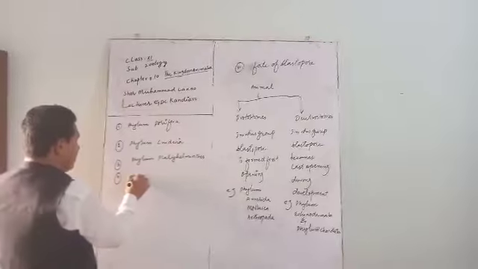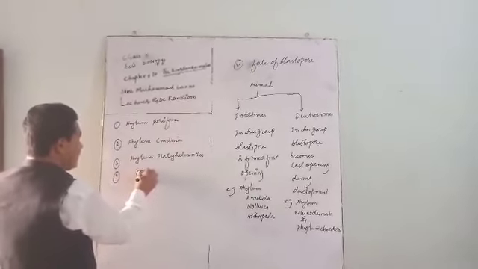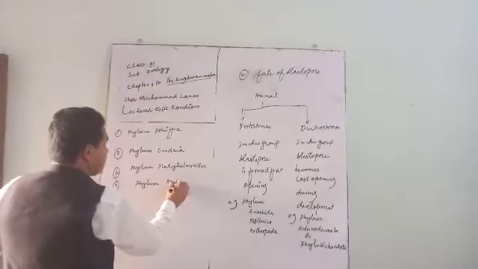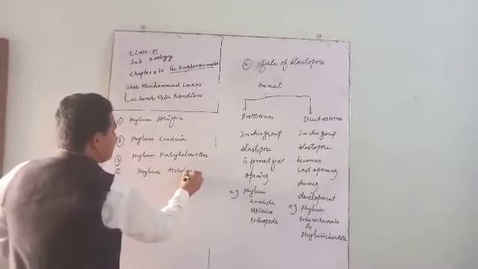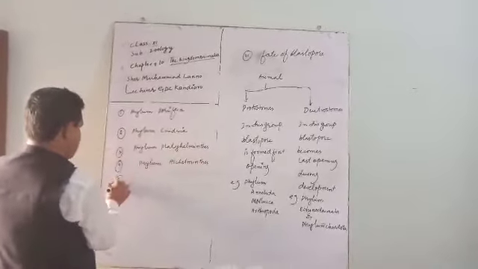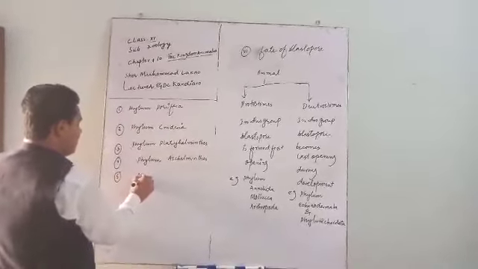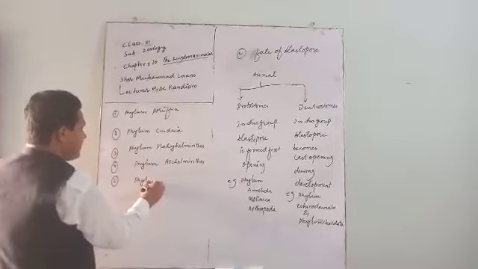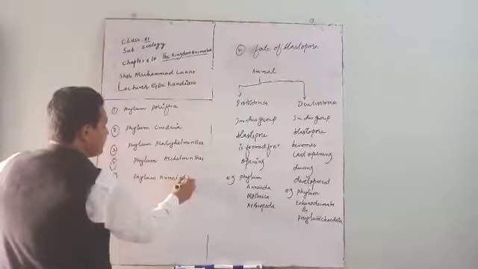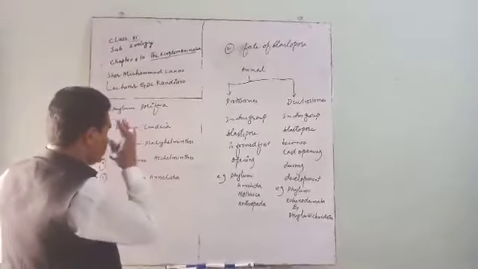Number 4, phylum Nemathelminthes or Nematoda. Number 5, phylum Annelida. Annelids are also called segmented animals.